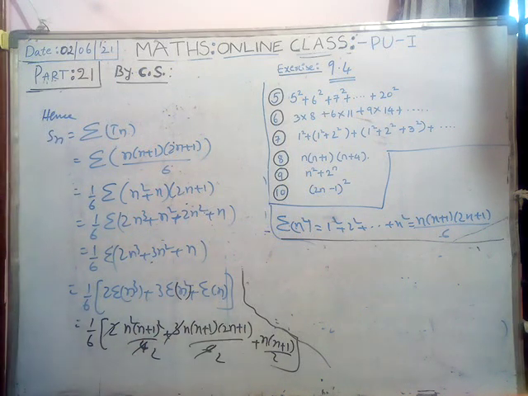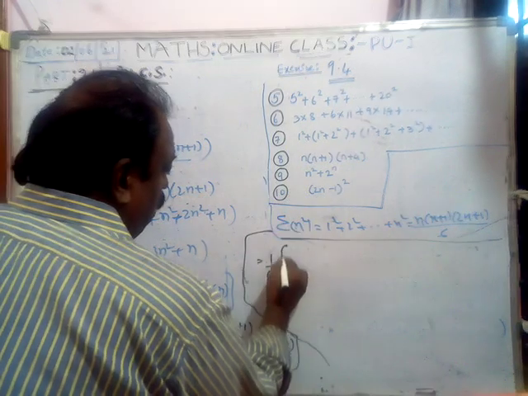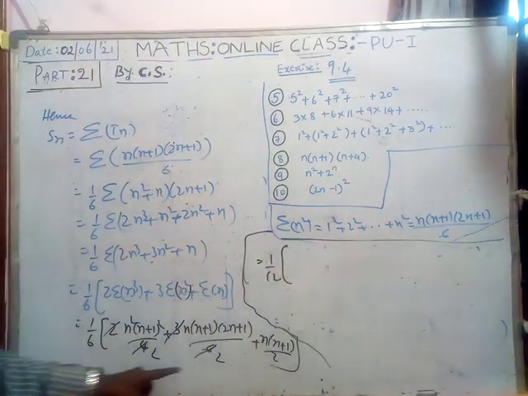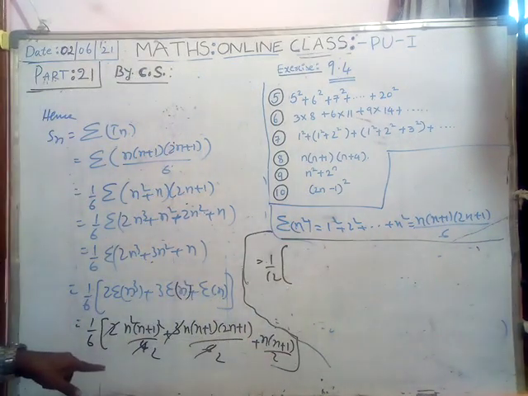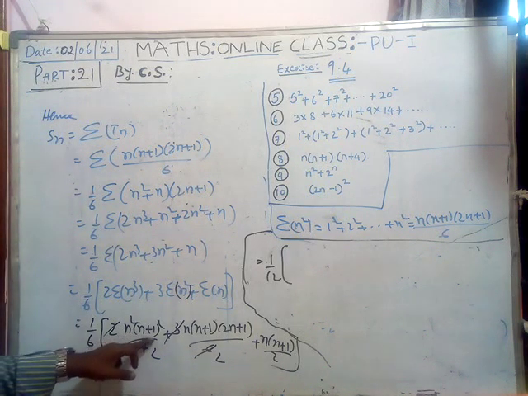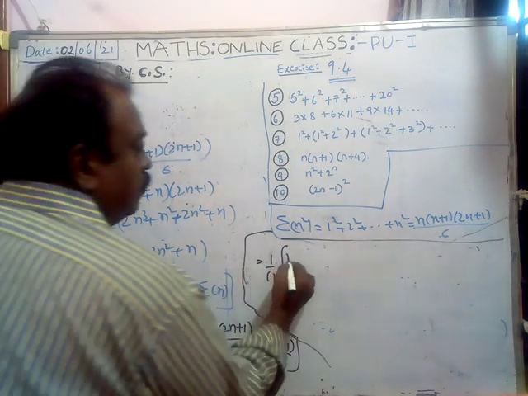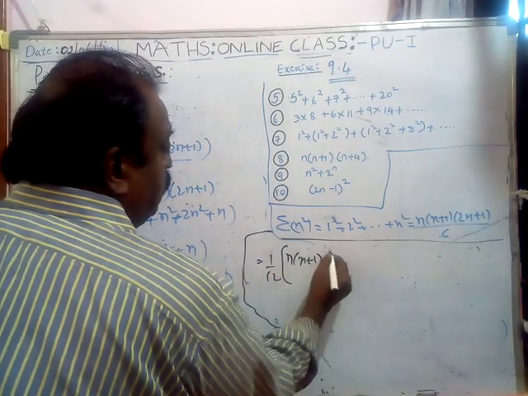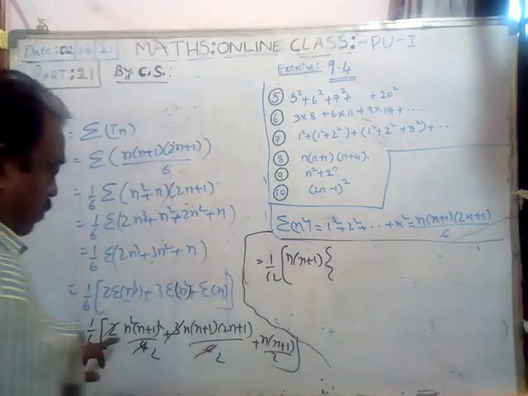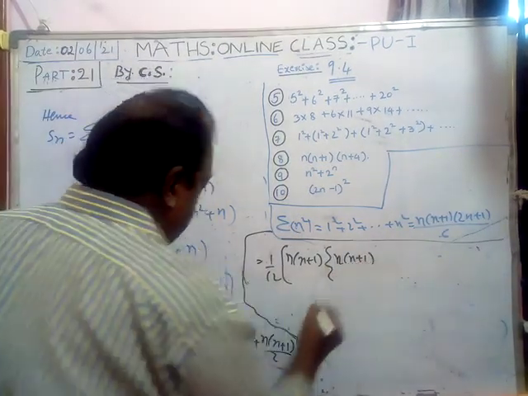So 2 is the LCM, 2 comes out. 1 by 6 into 2 is equal to 1 by 12; 2 into 6 is 12. Here n of n plus 1, here n of n plus 1, there n of n plus 1 is common. N of n plus 1 is again taken as common.